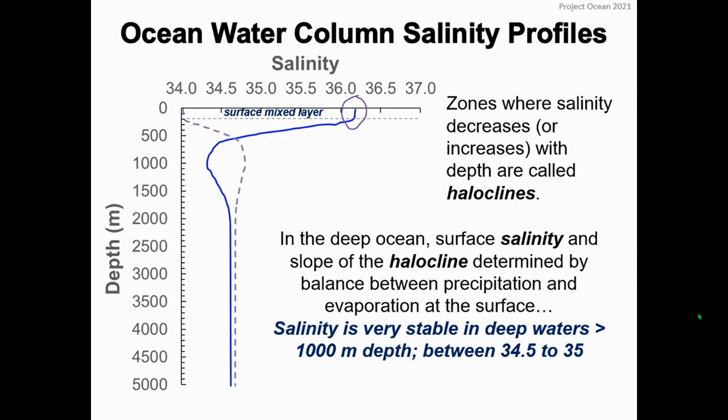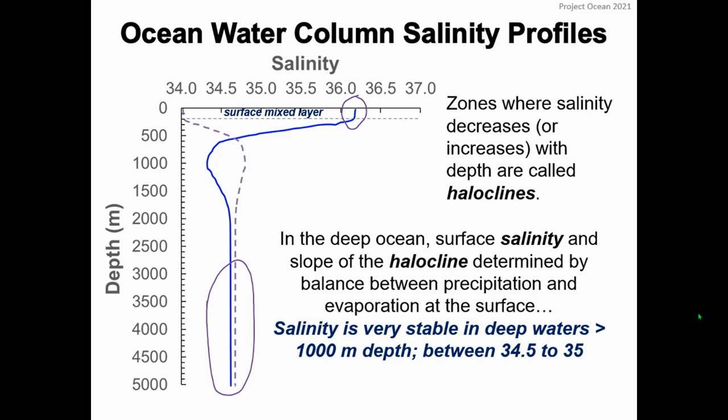Now compare the salinity in this case in that surface mix layer, which is somewhere about 36.25, to the salinity here in the deeper waters. The deeper waters have a salinity in the world's oceans somewhere between about 34.5 to 35. Salinity is very stable in deeper waters, greater than 1,000 or greater than 1,500 meters in depth.